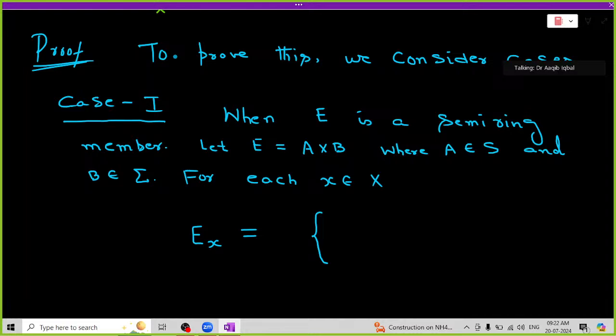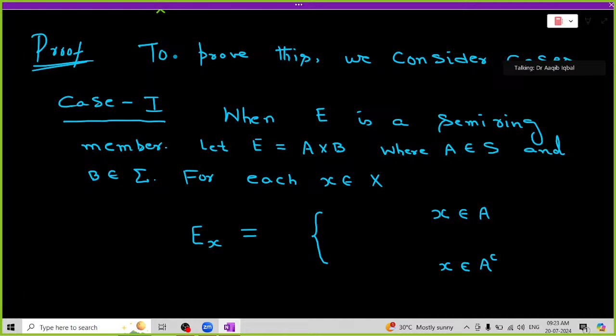There are 2 possibilities. Either this x is coming from A, or x is not coming from A, in which case it's coming from the complement of A. Okay? A is a subset of X. Little x is a point of X. So either this little x is a point in A or outside A.